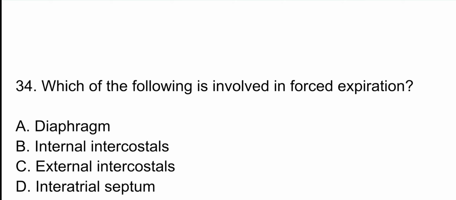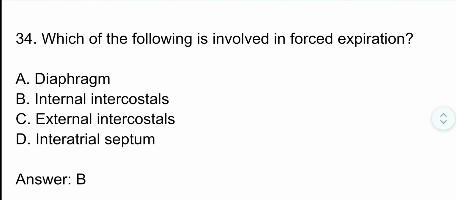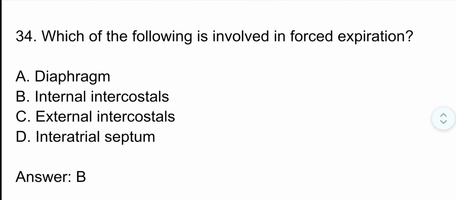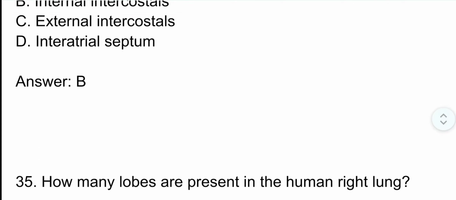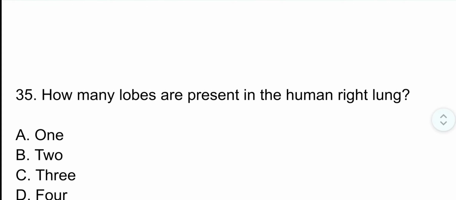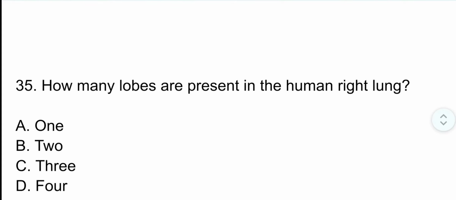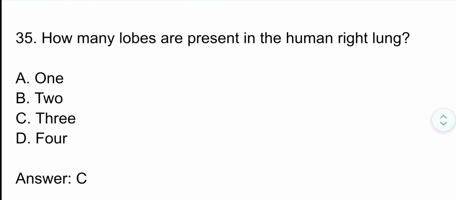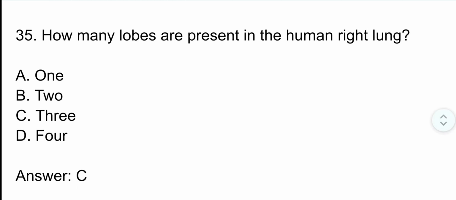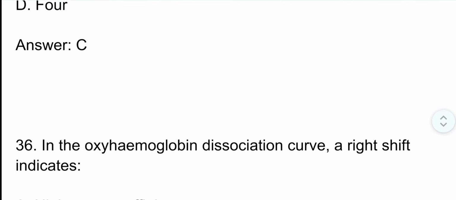The correct option is option B, internal intercostals. Question number 35. How many lobes are present in the human right lung? The correct option is option C, 3. And in the left lung, there are 2 lobes.